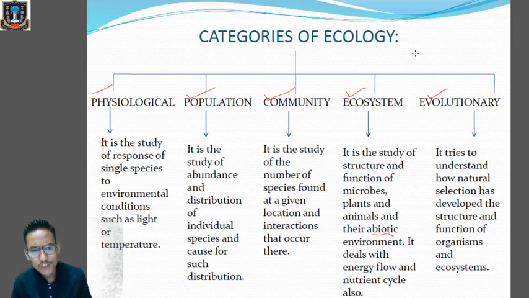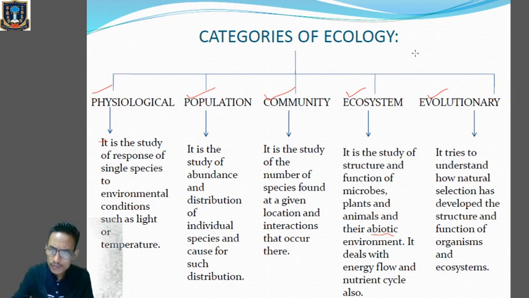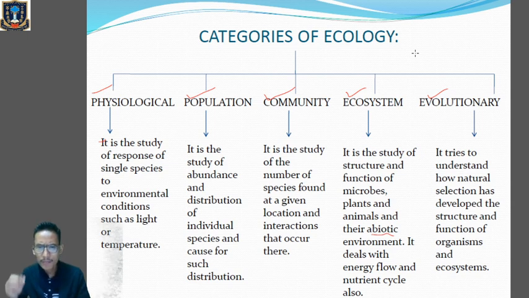And the last one is evolutionary ecology, which tries to understand the role of natural selection in the formation or creation of a species. How has the species developed, how has the structure developed by the action of natural selection? We are going to learn it under evolutionary ecology.